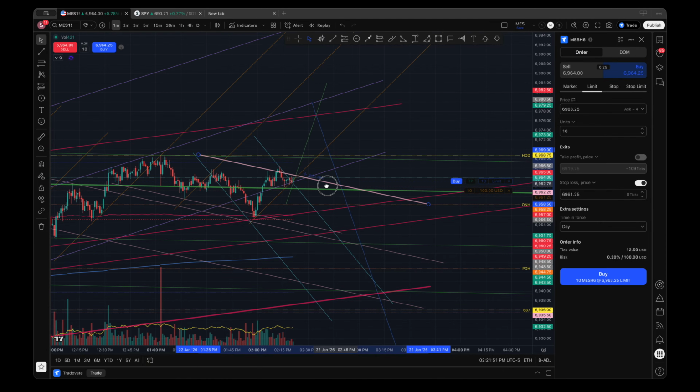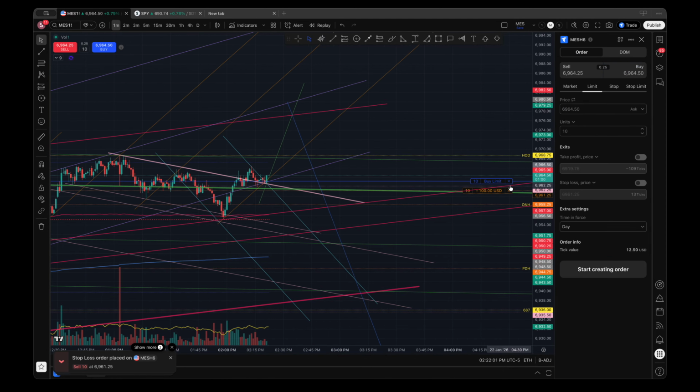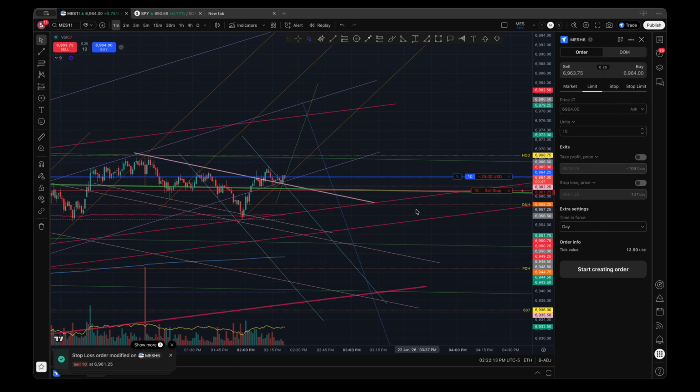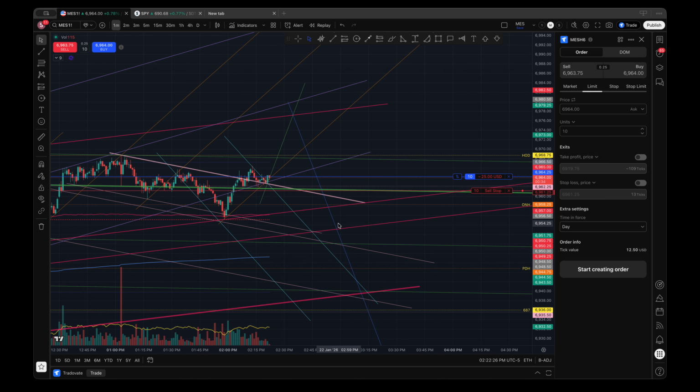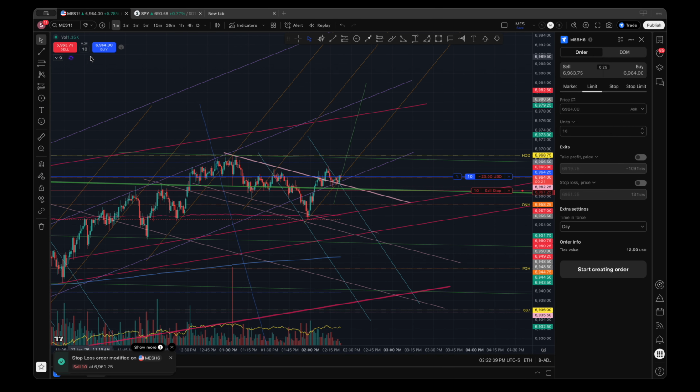Also it was kind of a pink retest, as you can see here, and also orange, and plus I have this another color, purple, as a support.